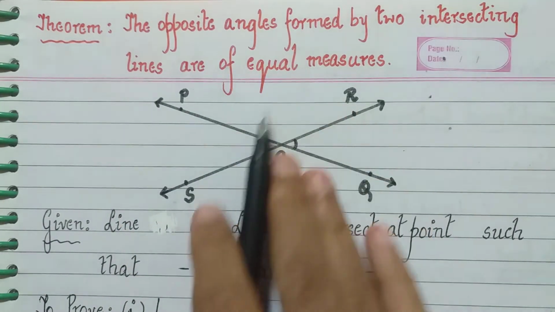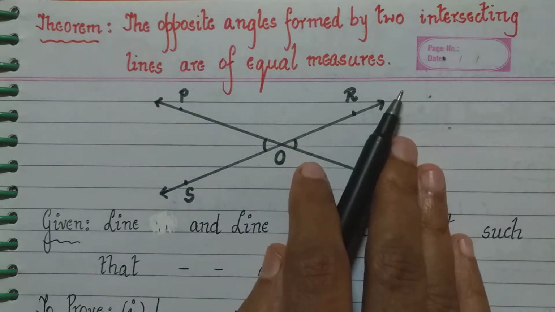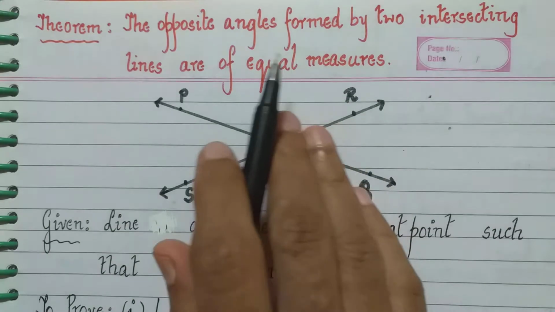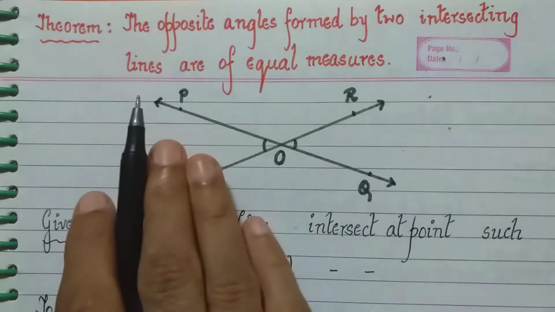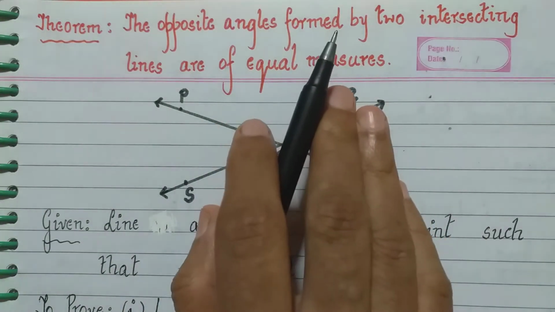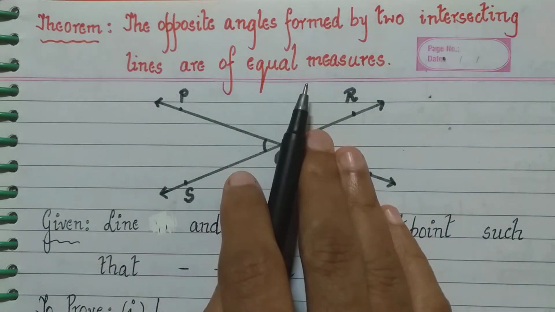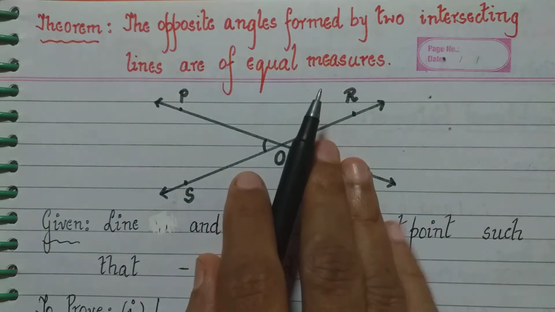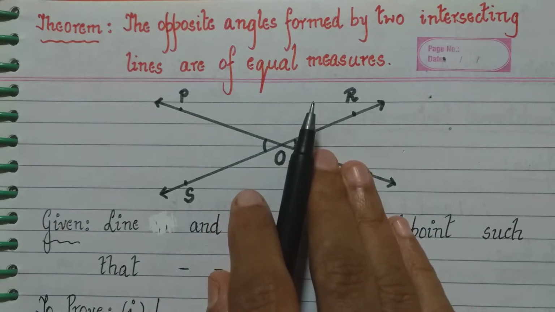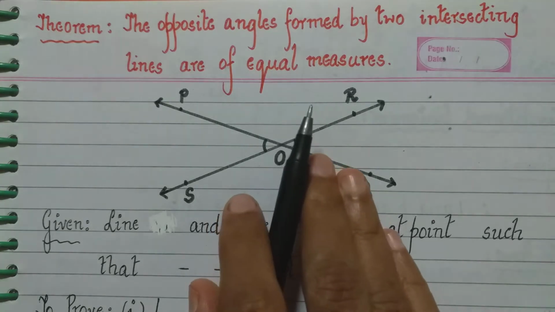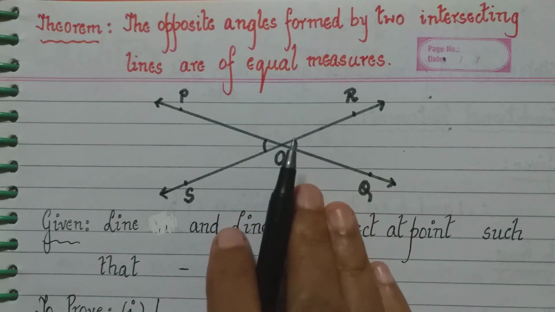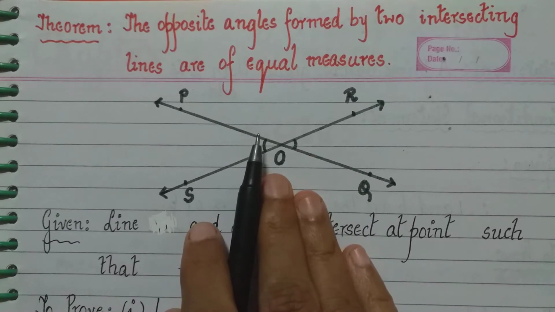And what have we to prove? That they are of equal measures. Now, whenever we start a theorem, first of all, we have to write down what is given to us. So, the first side heading will be Given. After given, we write down what we are supposed to prove.